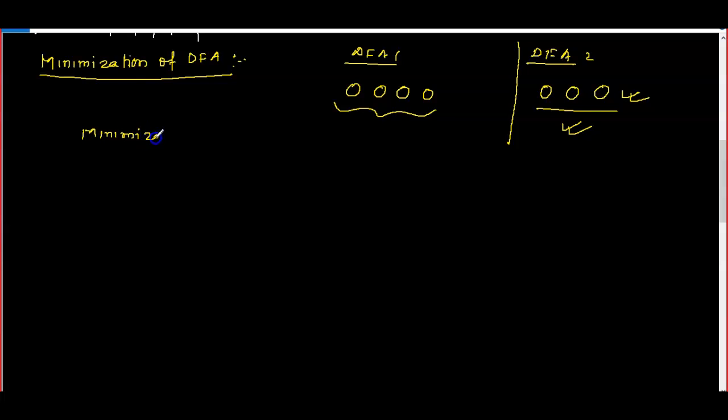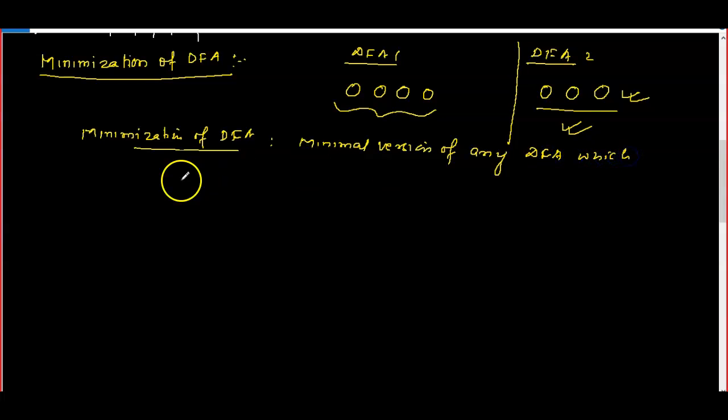Definition: minimization of DFA means the minimal version of any DFA which consists of the minimum number of states possible.